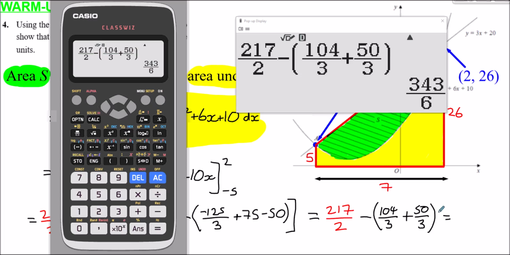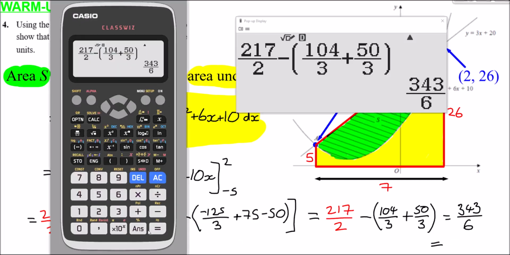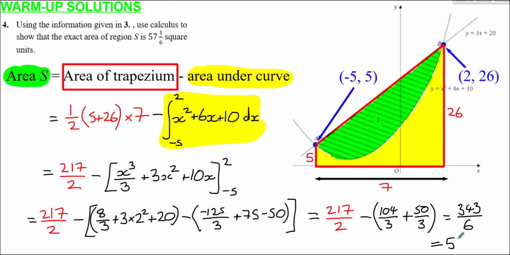That gives me 343 over 6, which seems slightly disconcerting. That's not the answer we need. However, with a crafty application of the S arrow D button here, if I press Shift S arrow D, it'll convert into a mixed number for me, and thankfully it is 57 1/6, which we wanted to show all along. So I've shown it, so we're done. So we've completed the warm-up.